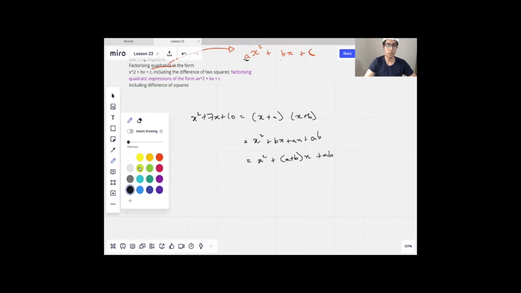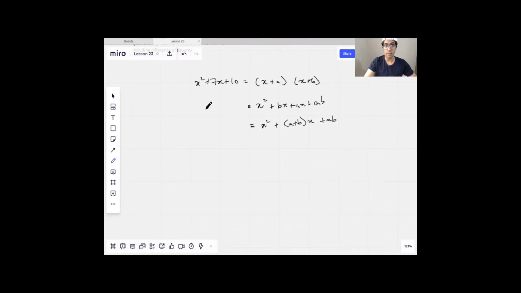Okay, if we look at the left hand side, let me write it out again, x squared plus 7x plus 10, and we look at the right hand side and compare them. Look at the 7x term. The 7 is at 7x and there's a plus bx here, so a plus b must equal 7.